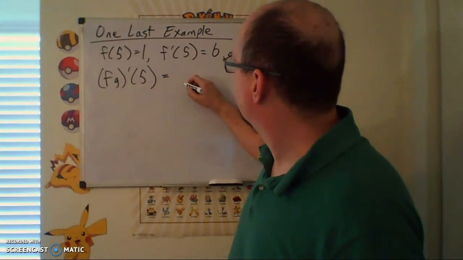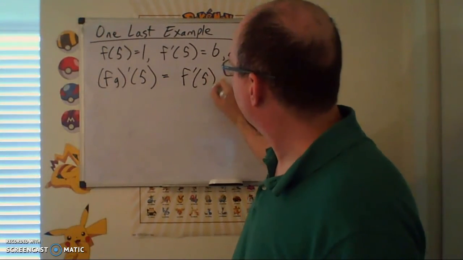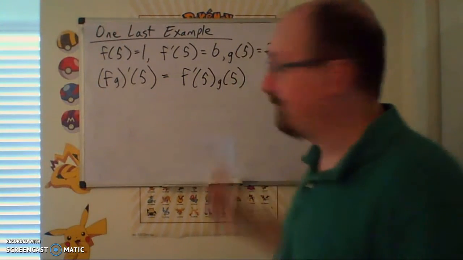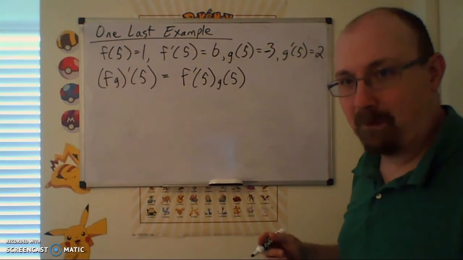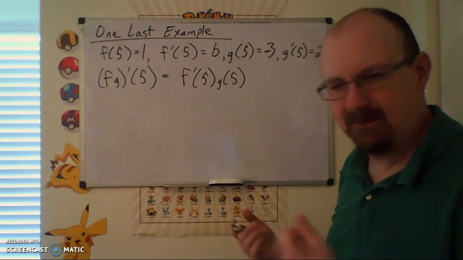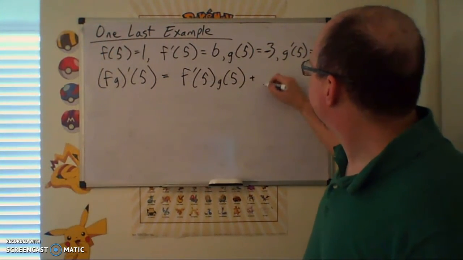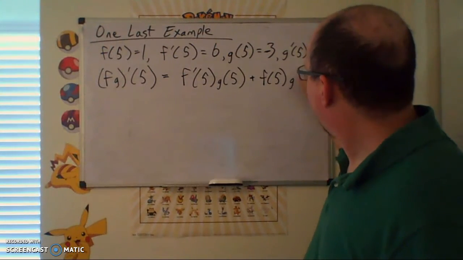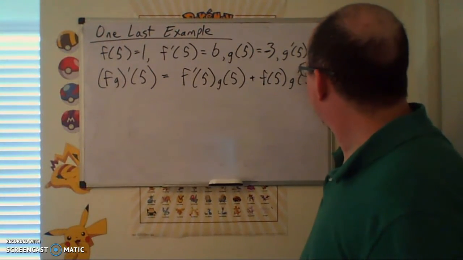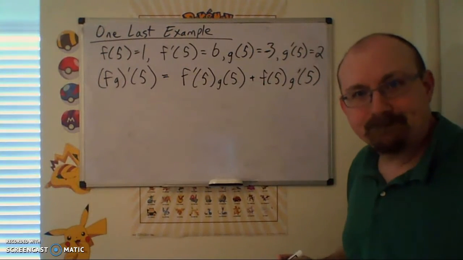So it's going to look like f prime of 5 times g of 5. Like I said, the way the product rule is set up, the whole "hoodie high" thing, you remember that. I'm not going to repeat it again. So we have that right there.